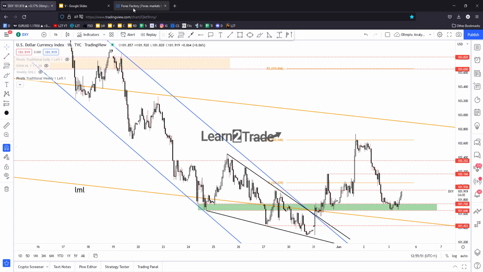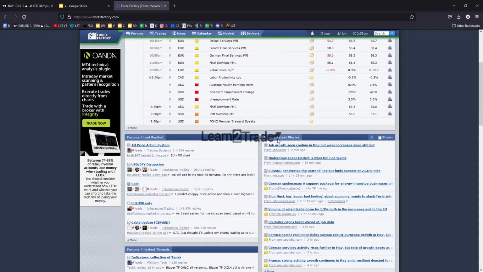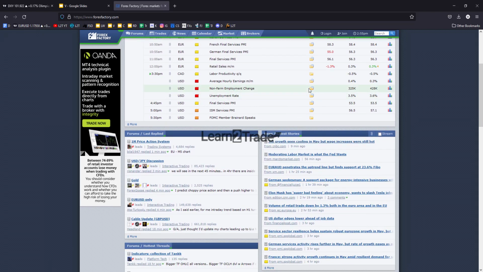Okay, so let's take a look at the economic calendar. Later, the non-farm employment change is expected at 325,000 in May versus 428,000 in April. Unemployment rate is expected to drop from 3.6% to 3.5%.